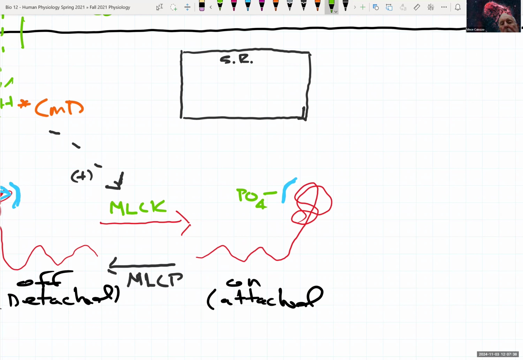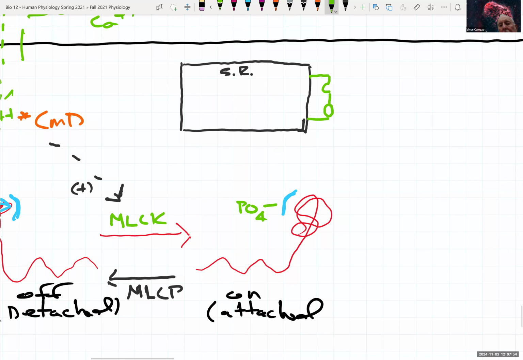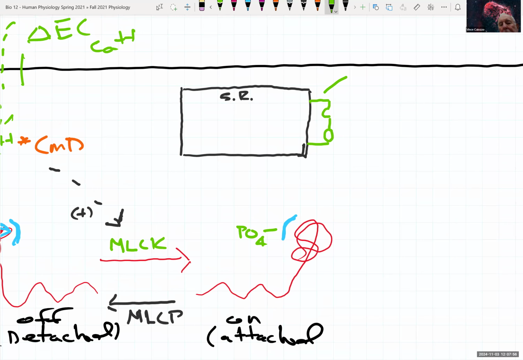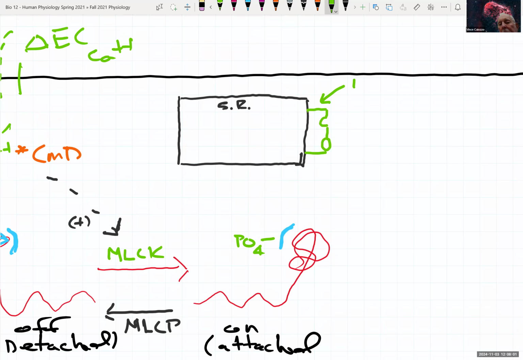And located within the membrane of the sarcoplasmic reticulum is a receptor-gated calcium ion channel. So here I'm going to write capital R, capital G, Ca, I period, C period.